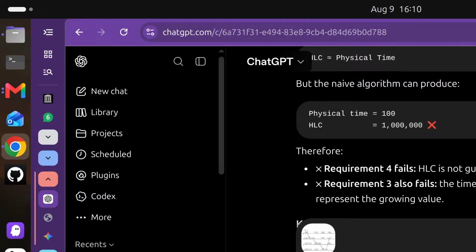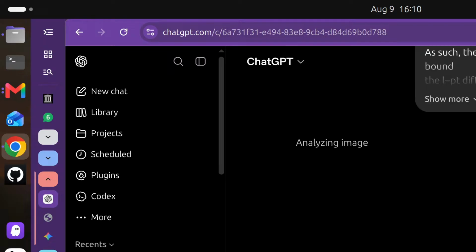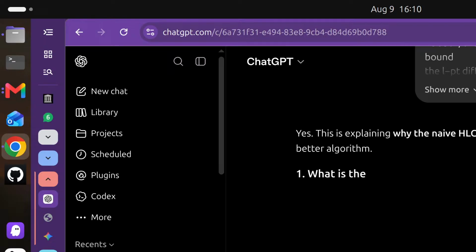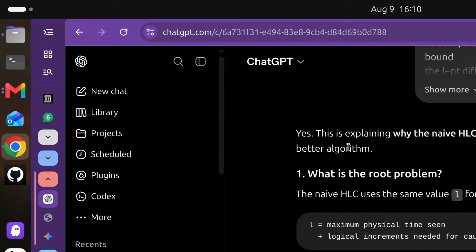Learning this in simple language and in fun. So yes, this is explaining why the naive HLC algorithm fails and why the authors need a better algorithm.